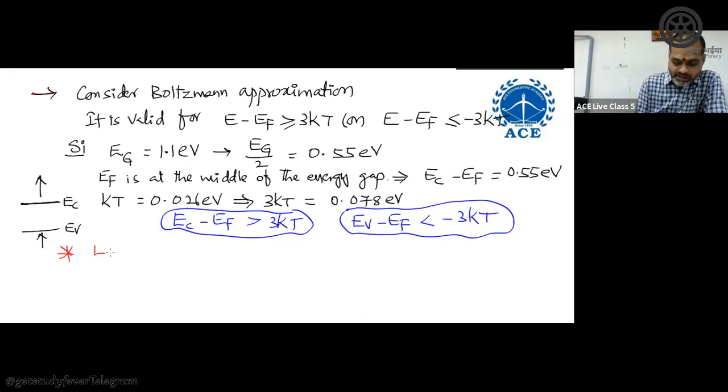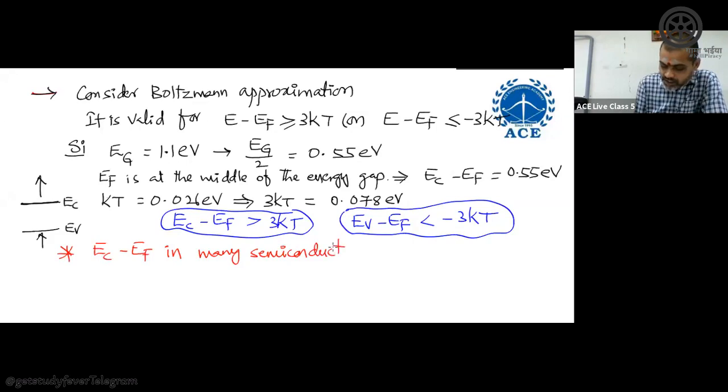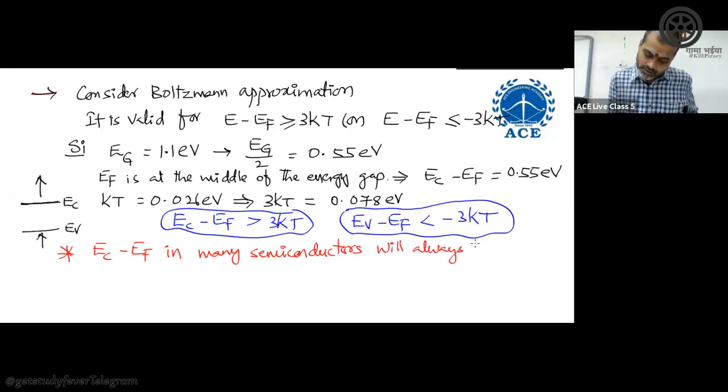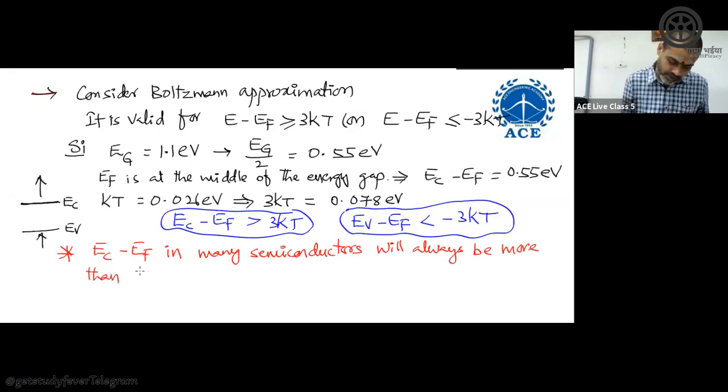EC minus EF in many semiconductors will always be greater than 3 kT, at any temperature that we are going to consider.